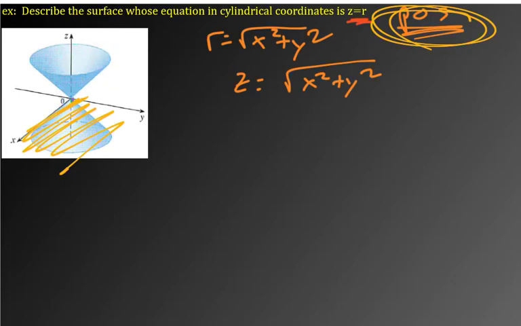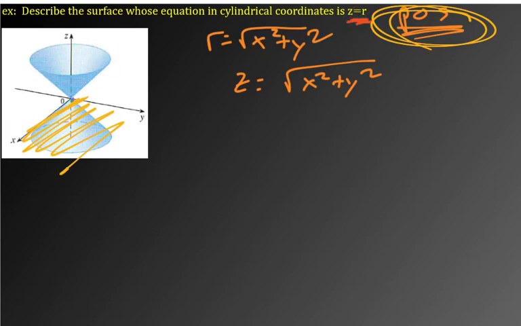So whatever the radius is of the circle, you've gone up that much. It's very symmetrical. You're not getting weird elliptical things, or something super skinny. But you would basically get an ice cream cone kind of shape. That's what z equals r is.